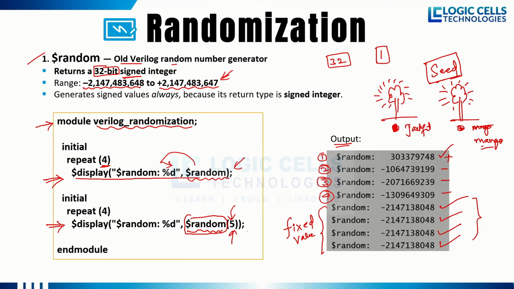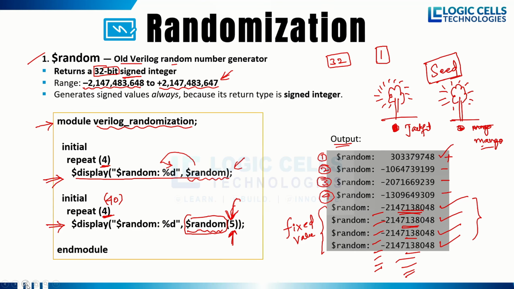How many times did it generate? 4 times. Why? Because here we are using it 4 times. If you use 40 here, repeat 40 times, it will generate the same value 40 times. Okay? So this particular number inside your system has a seed called 5. If you provide 5, the system will always give this number.